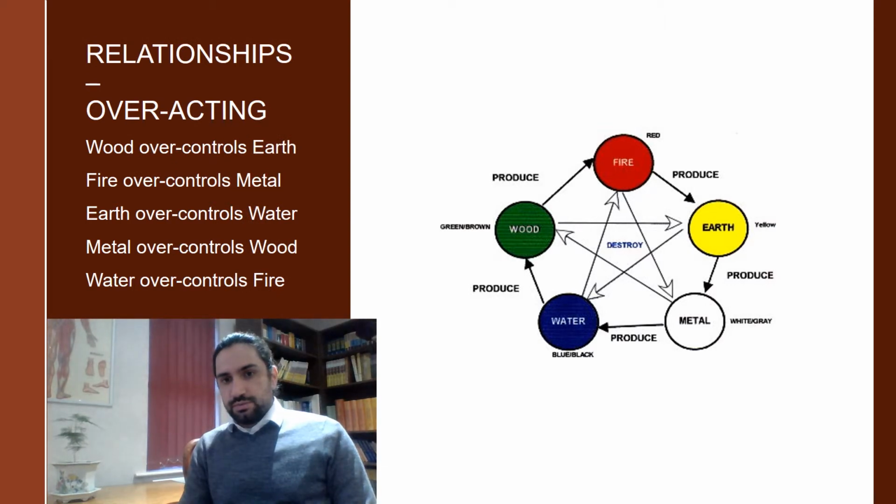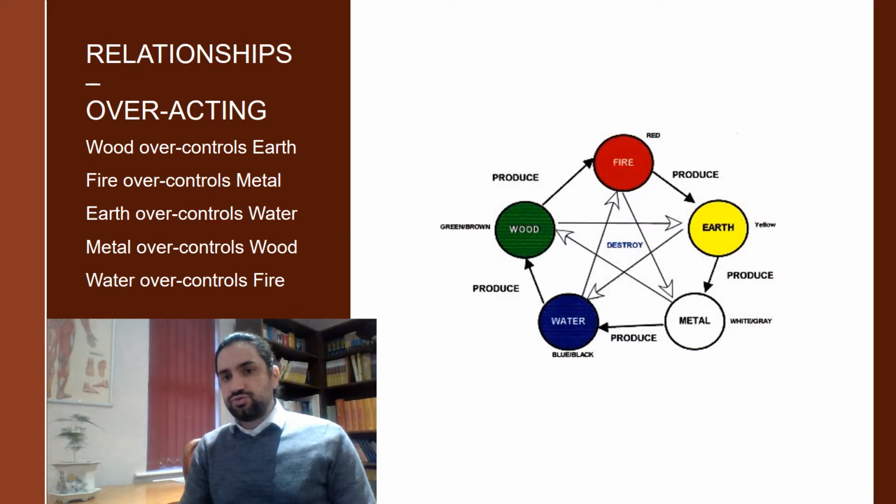From the relationship of controlling, we can look at 2 different pathological, abnormal relationships. First of them is overacting. Now, we mentioned that wood can control the earth.